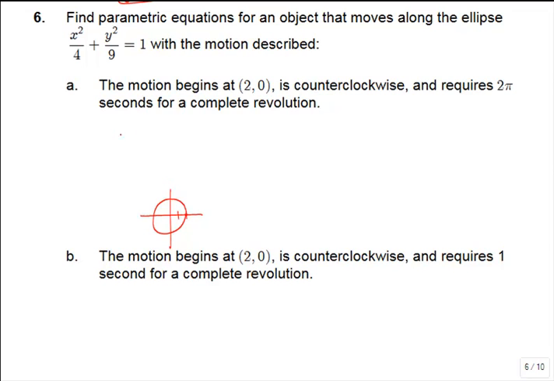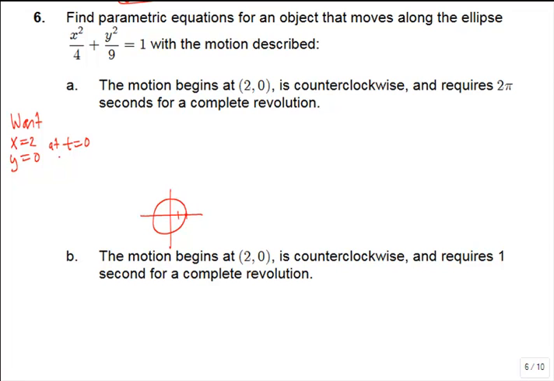So what we would want to do is figure out what we're going to let our x be in terms of t, and what we're going to let our y be in terms of t. And so far what we want to know is we want this to start at (2, 0). So we want x to be 2, and we want y to be 0 at t equals 0, at the start.